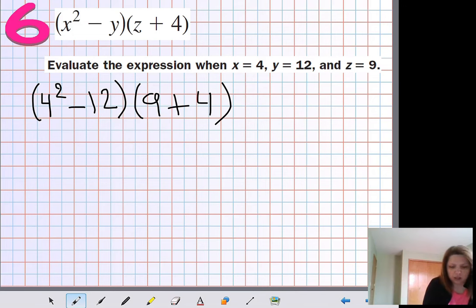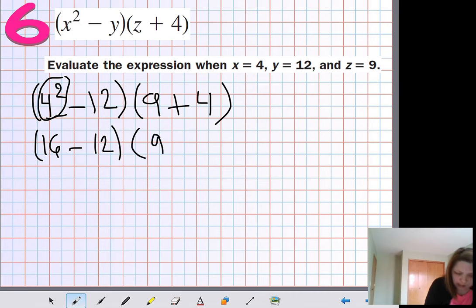Well, we can work on the parentheses here, and remember at the beginning we said you use parentheses first unless there is an exponent inside. If you have an exponent inside the parentheses, this is what you need to simplify first, because you can't do 4 minus 12. What's going to happen with the second power, right? So we've got to work this one first. So 4 to the second will be 16 minus 12, and then 9 plus 4 inside the second parenthesis.